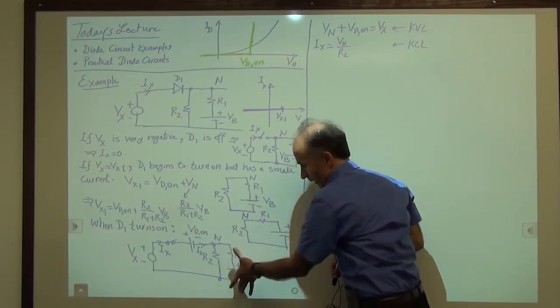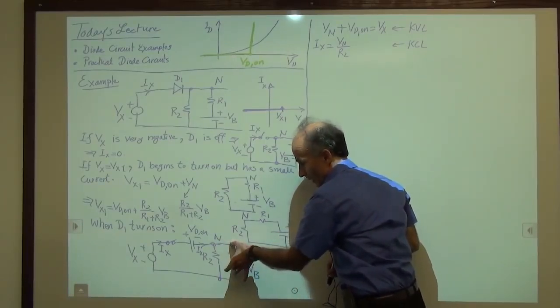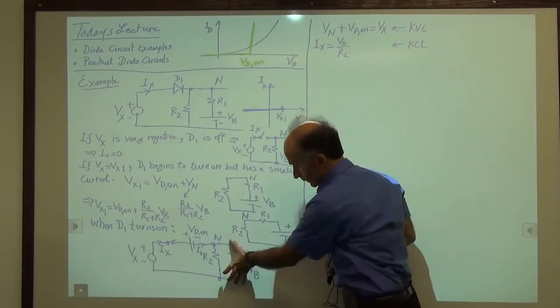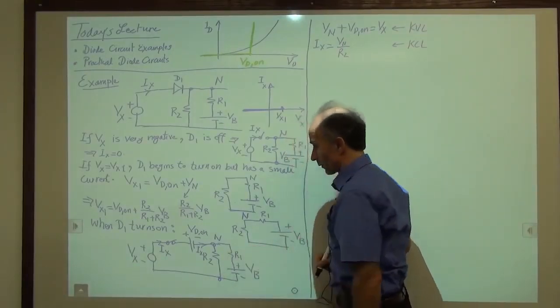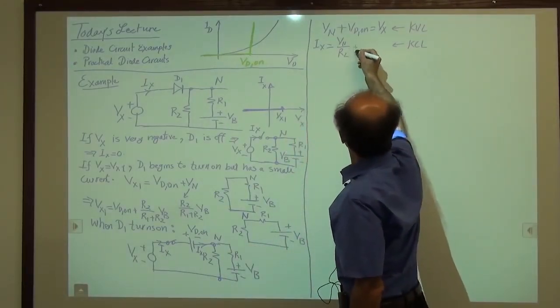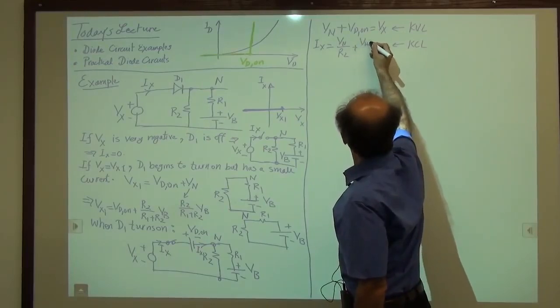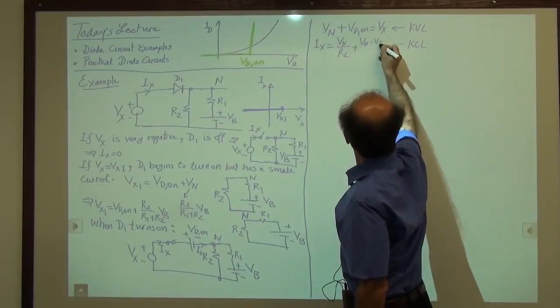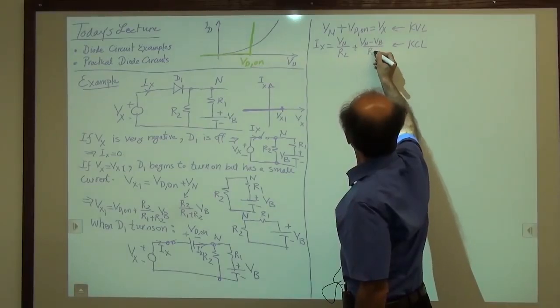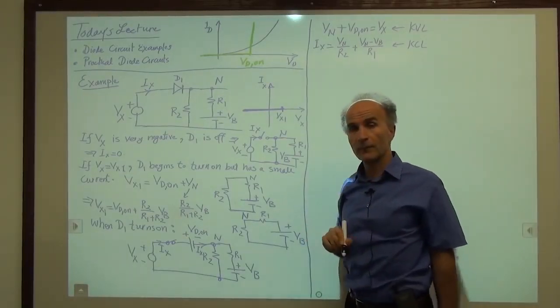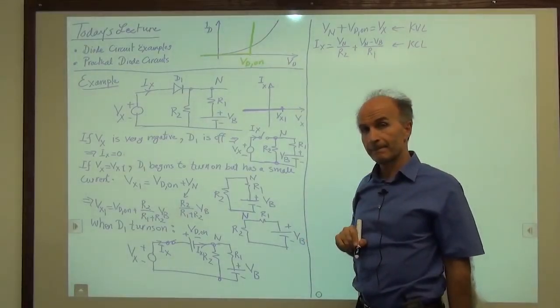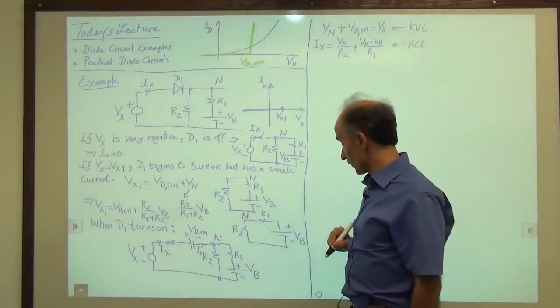This current is given by this voltage minus this voltage divided by R1. So that current is given by Vn minus Vb divided by R1. All right, so far so good.